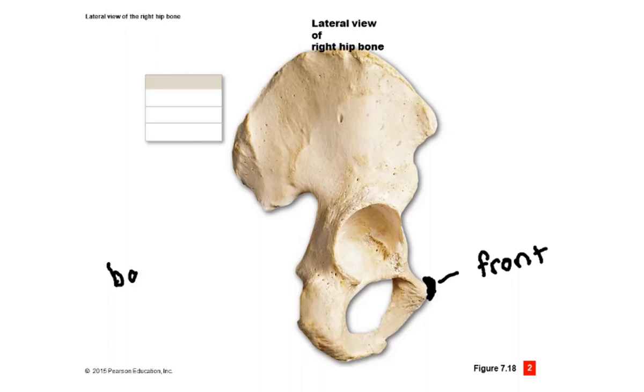So this would be the back. And this is lateral, so this is the outside here, because you see the acetabulum? This is where the femur bone fits into. Now we're seeing the back side of the ilium. See, we were seeing the other side in there. But now this is the posterior ilium.